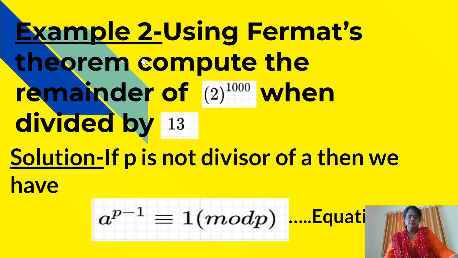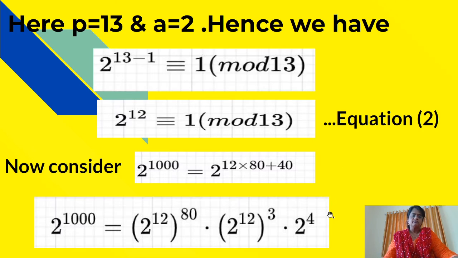Using Fermat's theorem, compute the remainder of 2 raised to 1000 when divided by 13. We know that if p is not a divisor of a, then we have a raised to p minus 1 is congruent to 1 mod p. Suppose this is our equation number 1.